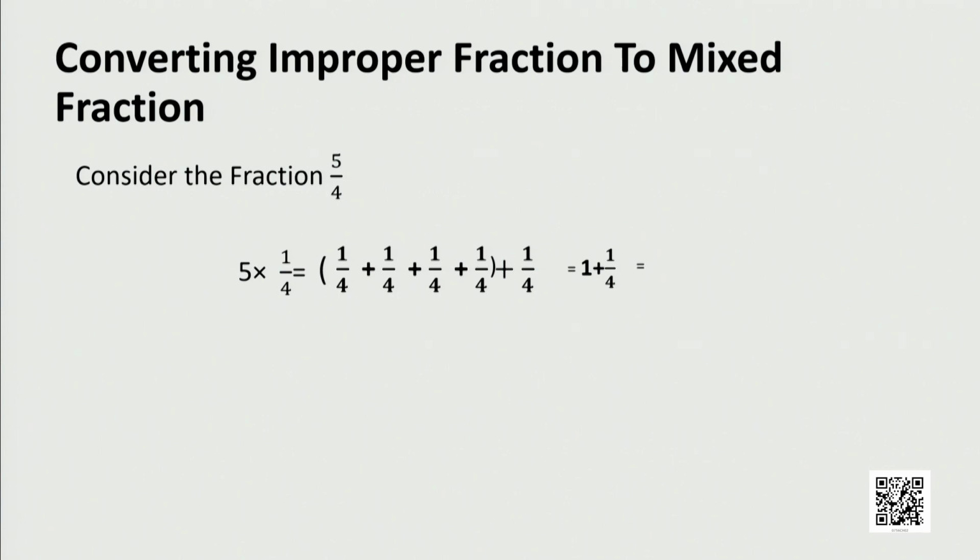I am going to write it as 1 and 1 over 4. So students, you have seen that you had an improper fraction and you have converted it to a mixed fraction. In this you have seen that I have to divide the whole thing into an equal number of parts depending upon the fraction. So here you can see that it was 1/4, that's why I divided my object into 4 equal parts.